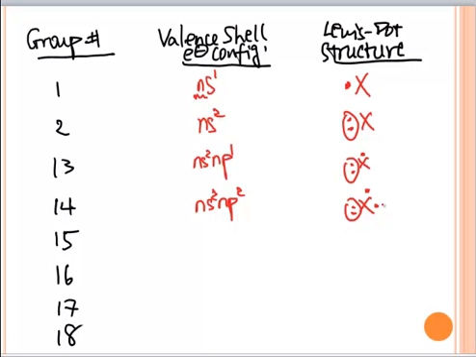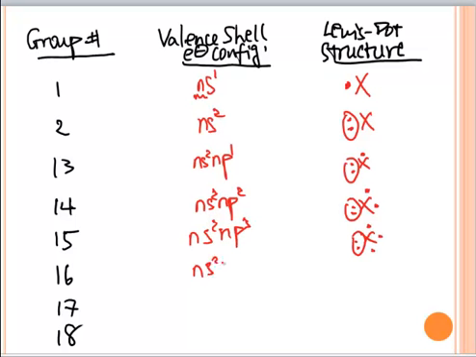Hund's rule. P orbitals, 3 orbitals of the same energy, so we have to fill them 1 electron each, same spin direction, before we can come back and pair them up.